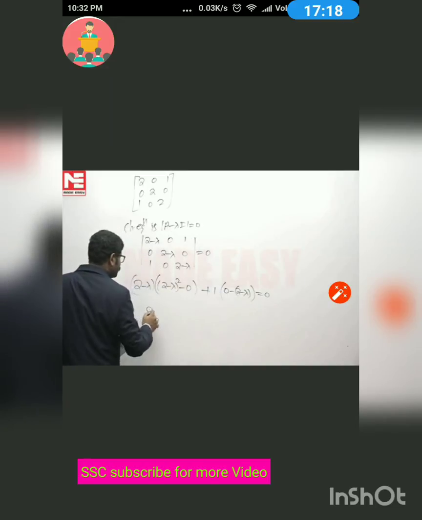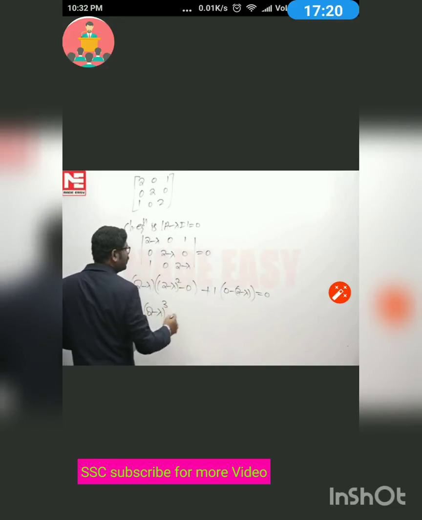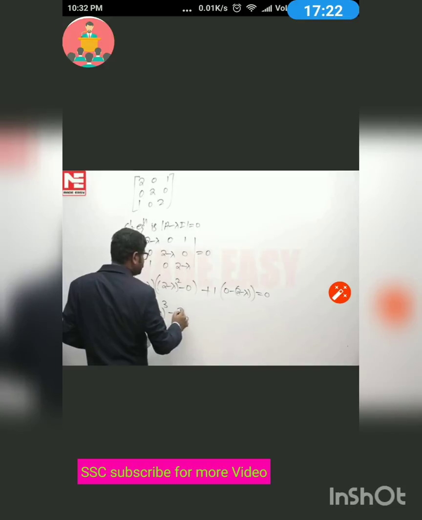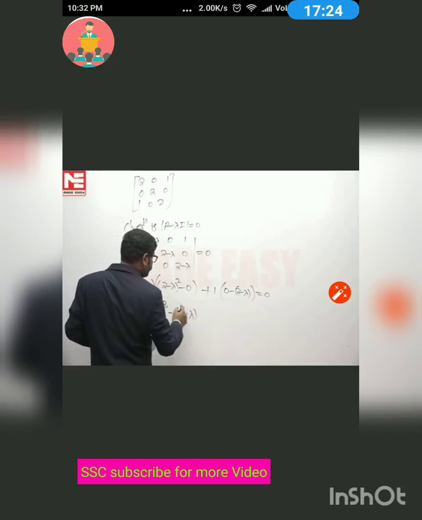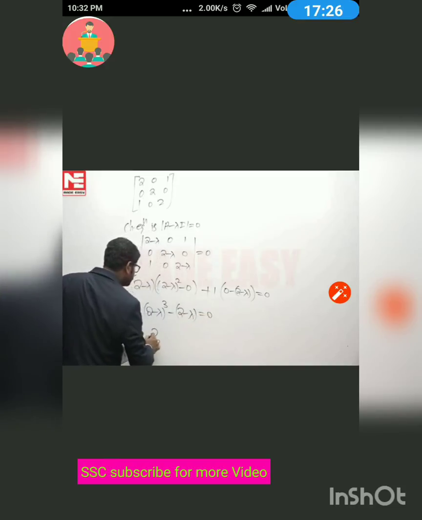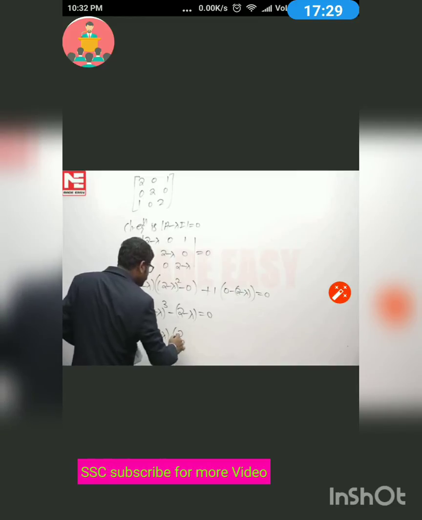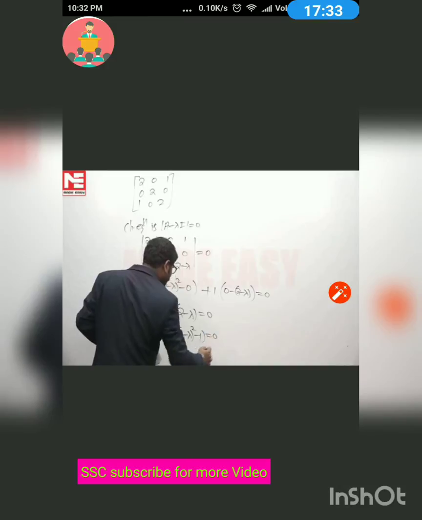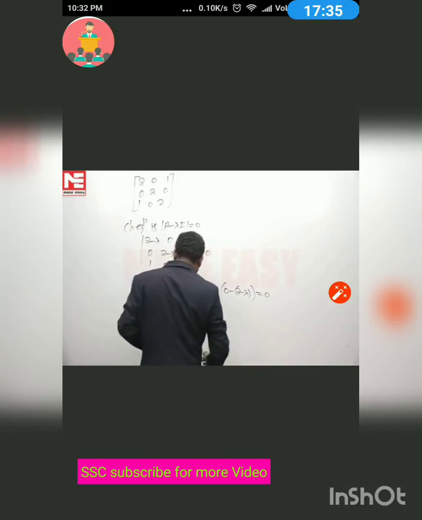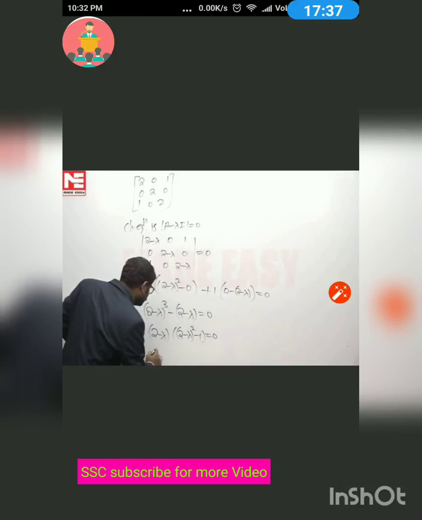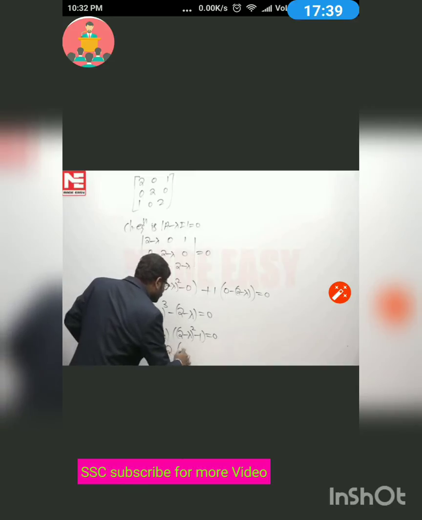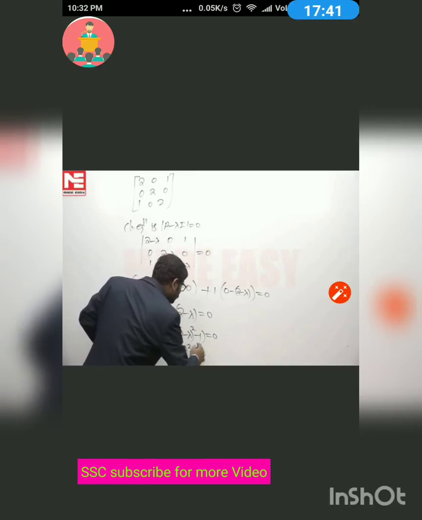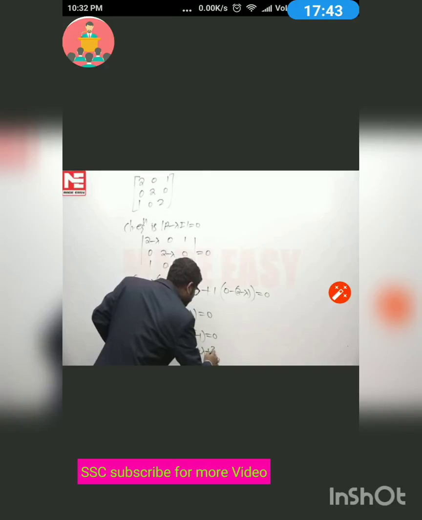Now (2 minus lambda) whole cube minus (2 minus lambda) equal to 0. By taking 2 minus lambda common, you will get (2 minus lambda) whole square minus 1 equal to 0. Now you can write lambda equal to 2, and lambda square minus 4 lambda plus 4 minus 1, that is plus 3, equal to 0.